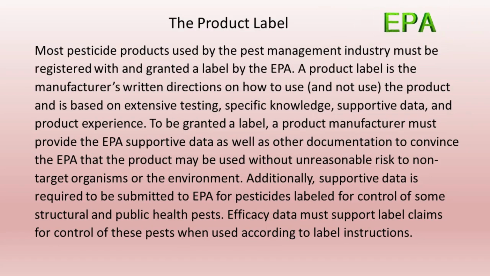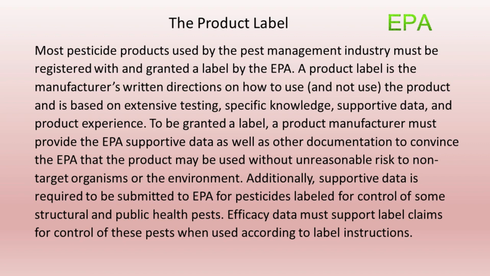The product label. Most pesticide products used by the pest management industry must be registered with and granted a label by the EPA. A product label is a manufacturer's written directions on how to use and not use the product and is based on extensive testing, specific knowledge, supportive data, and product experience.